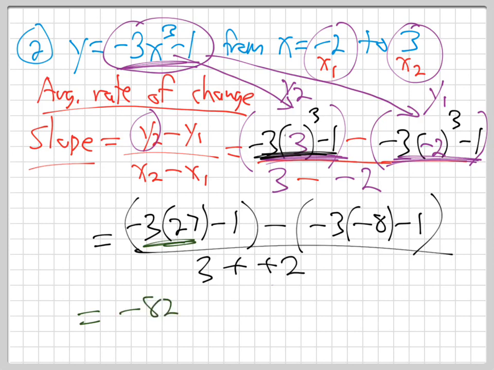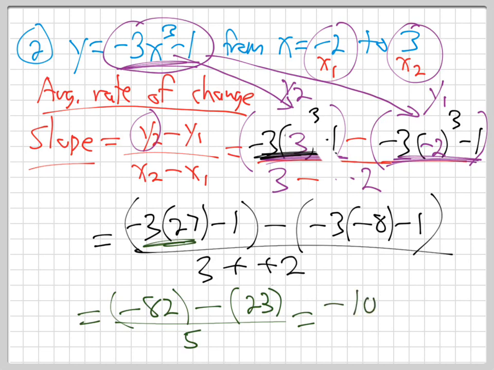Isn't that right? Subtract, and the other part is 24 minus 1, 23, over 5. And that gives us minus 105 divided by 5. Isn't that minus 21? And that's our answer.